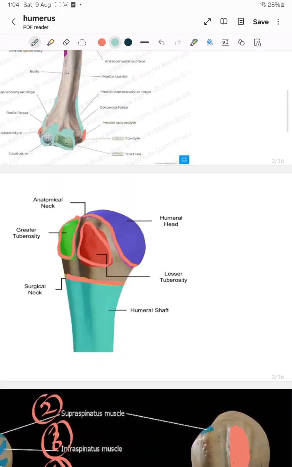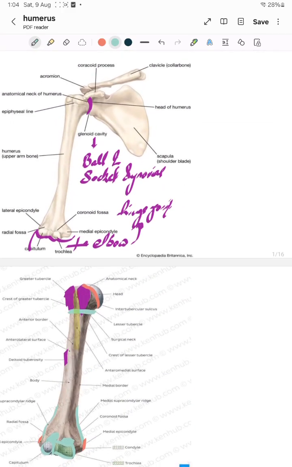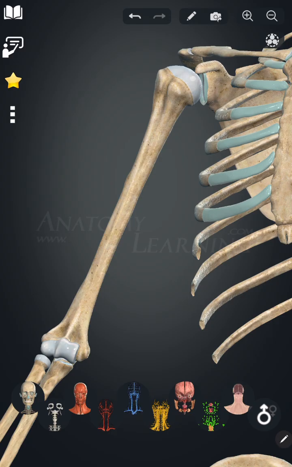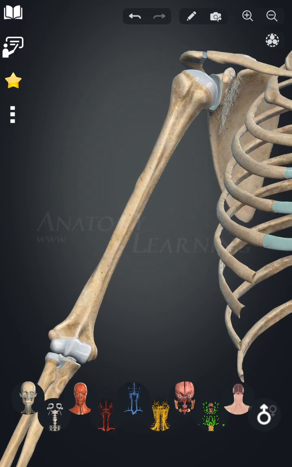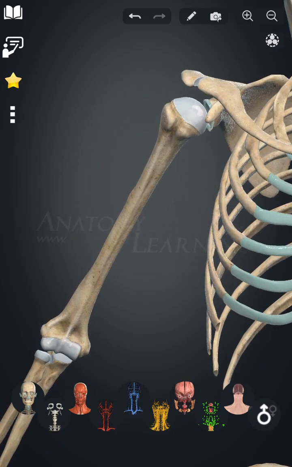Now we'll go to the 3D app. So this is the 3D anatomy app, and we can see the 3D version of humerus.